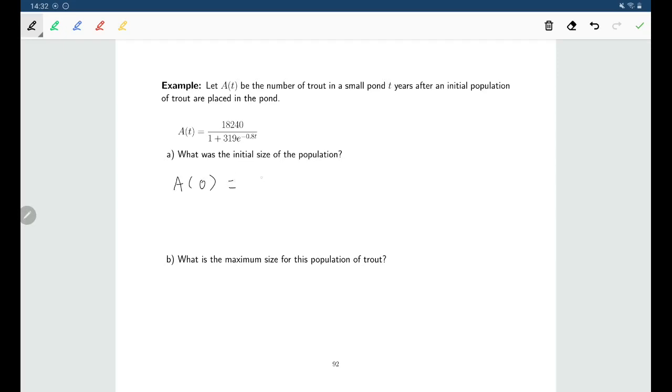If we put in 0 for t, e to the power of 0 would be 1. So we would have 18,240 over 320, which turns out to be exactly 57. So initially, there are 57 trout.